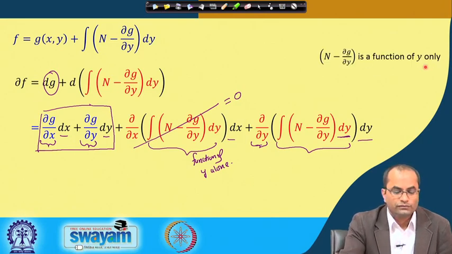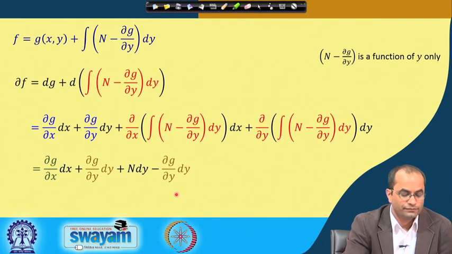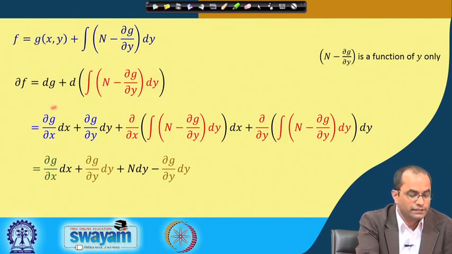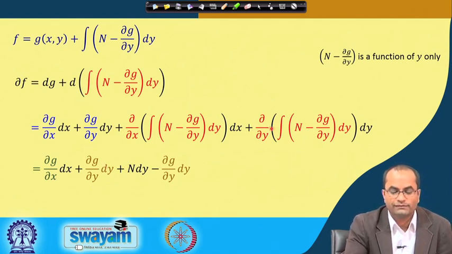Since this is a function of y alone, the x term goes to 0, and then we have del g over del x dx, del g over del y dy, and from the derivative of this integral, the integral and the differential will be removed, and we will have n minus del g over del y multiplied by dy.